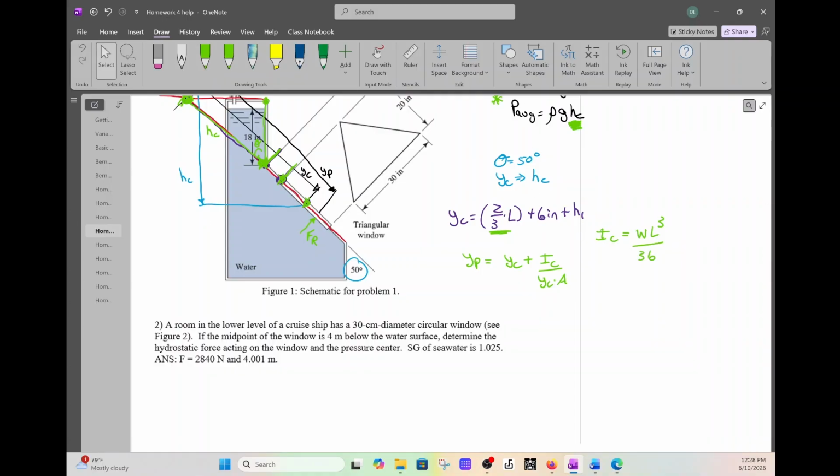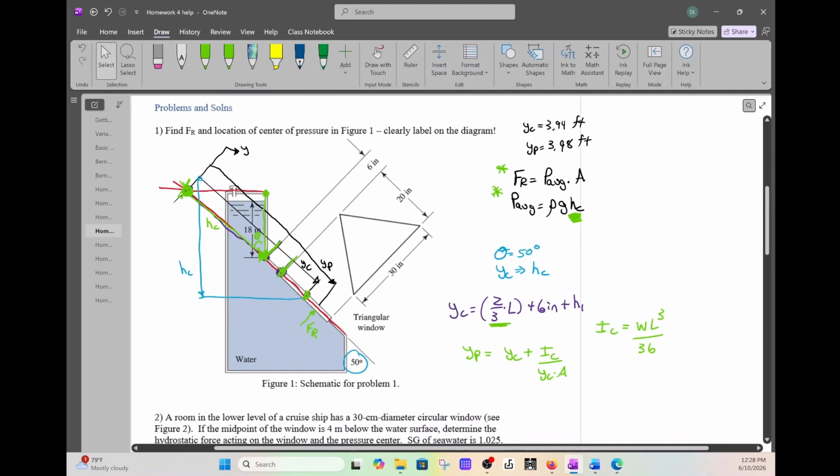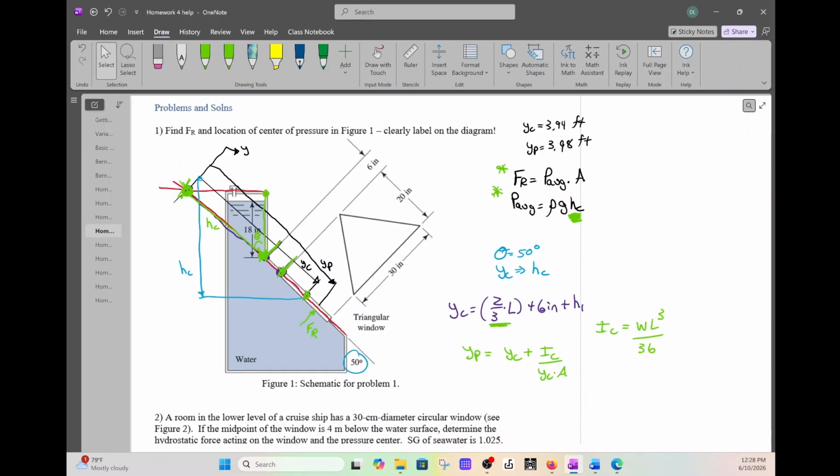So you can go ahead and find your YP value. And then you can use trig again to find HP. Did it tell you that? No. You can just label YP and that's fine. So that should help you with problem 1.